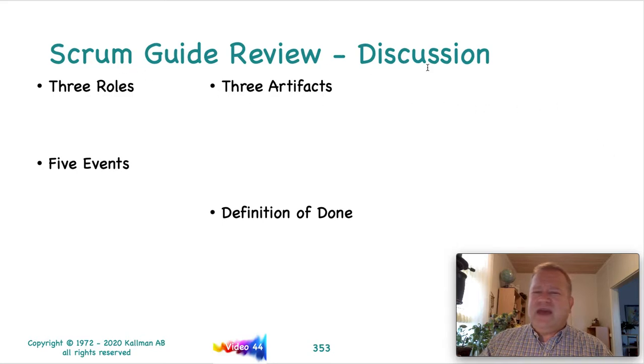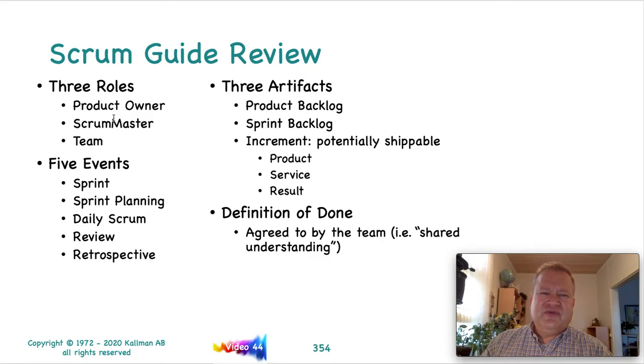In the Scrum Guide, if you look at that 17-page guide, there are 3 roles, 5 events, 3 artifacts, and the definition of done. Do you guys remember what those are? Well, I'll help you out. The 3 roles are the product owner, Scrum Master, and team. The 5 events are sprint planning, the daily scrum, the review, or demo as it used to be called, and the retrospective.